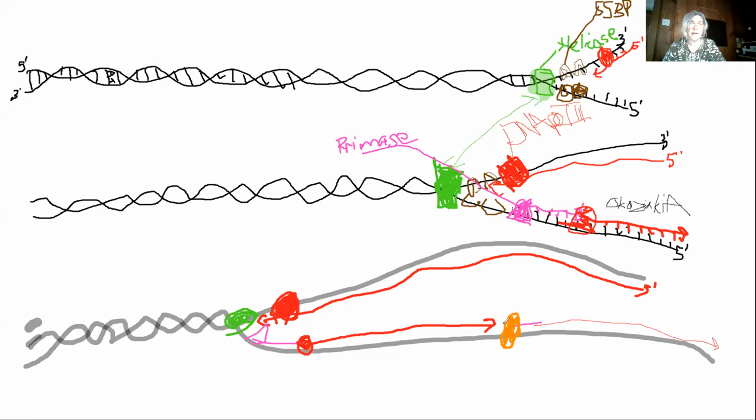And we'll label him with an arrow. He is DNA polymerase Roman numeral 1. And that enzyme's job is to get rid of the primer and replace it with DNA bases.